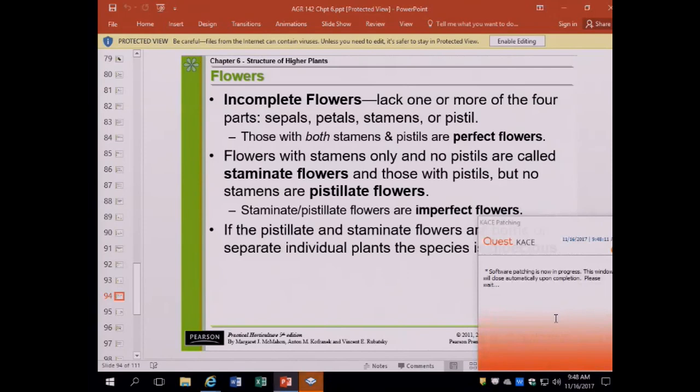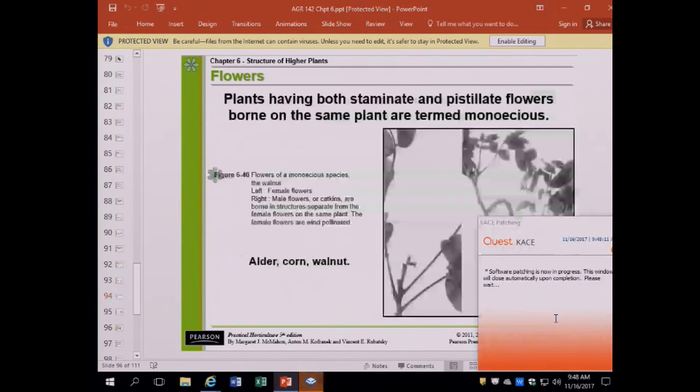All right. Plants that have both staminate and pistillate flowers borne on the same plant are referred to as monoecious. And the example that the book will give you is an alder or a corn plant or a walnut plant. But there are a lot of other plants that we can call monoecious.